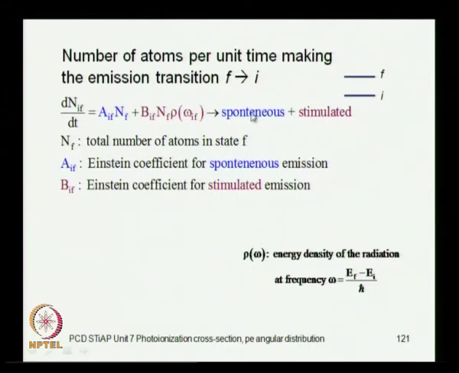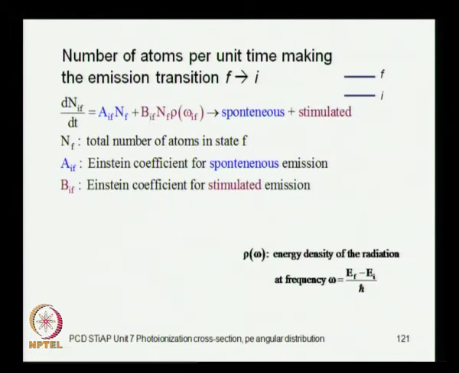For spontaneous emission, you have a rate which depends on the number of atoms in the final state multiplied by a rate coefficient, which is the Einstein A coefficient. For the stimulated process, the rate is determined not just by this number, but also by the density of radiation field at that frequency, and another coefficient, the third Einstein coefficient, which is B_IF.